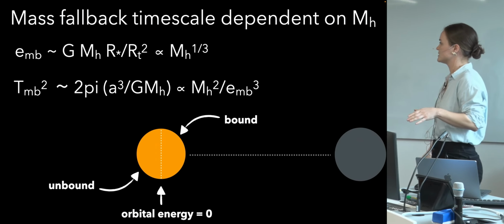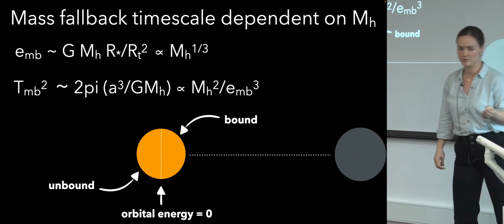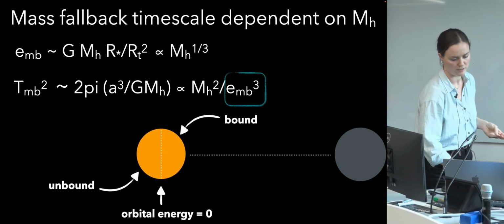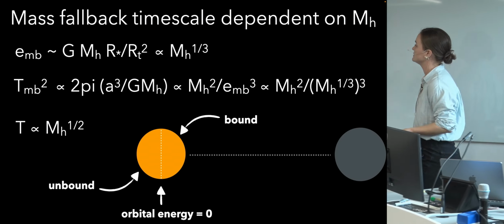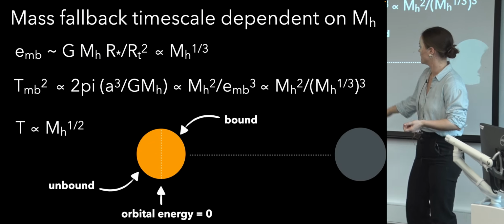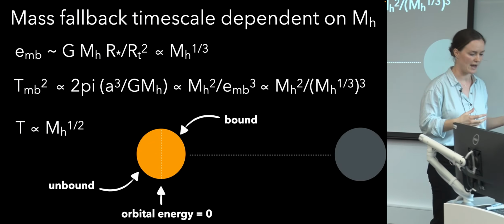You can then plug this into the Keplerian formula for the orbital timescale. And what you find is that the time scale for mass to fall back is proportional to the black hole mass to the 1/2 power.